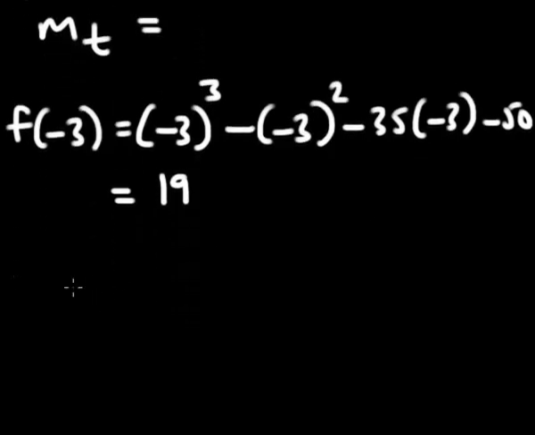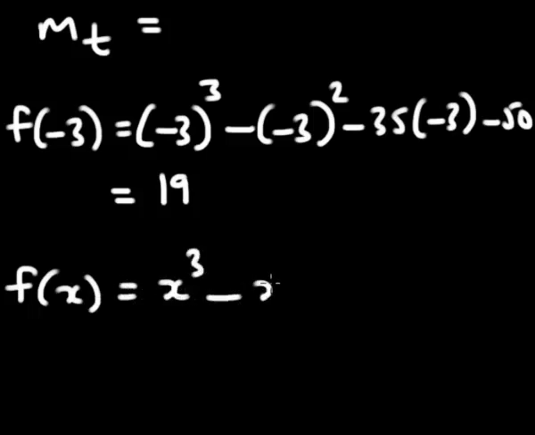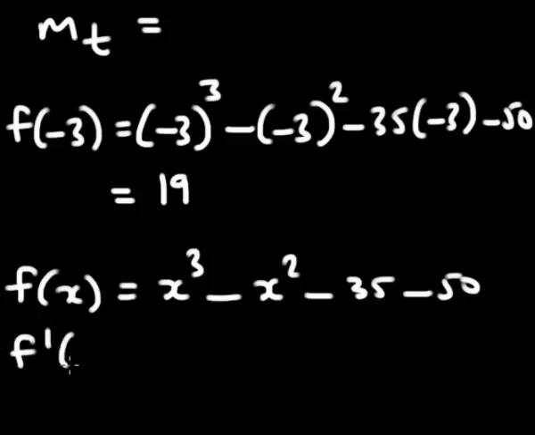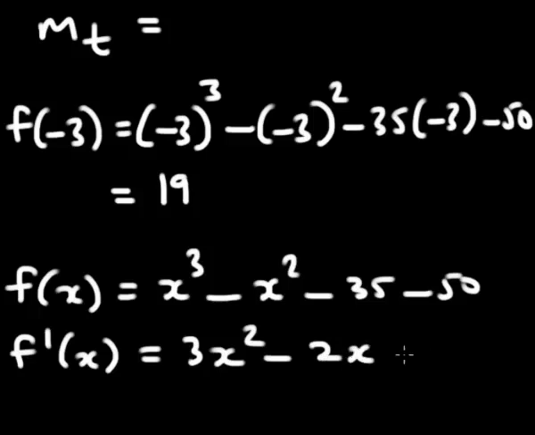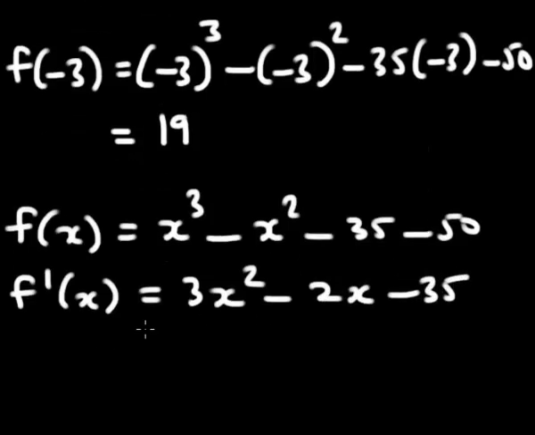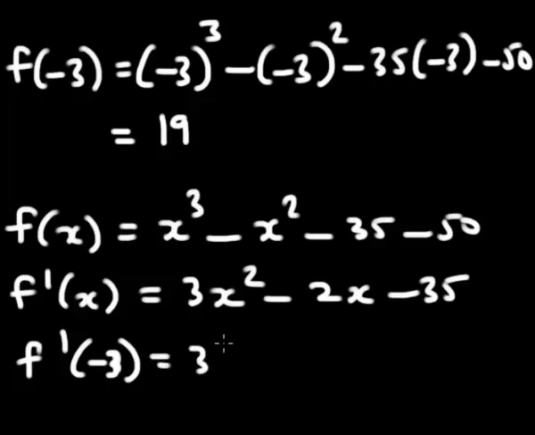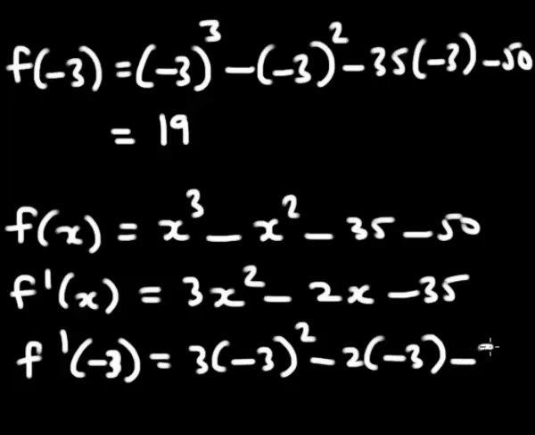The gradient: we're going to get the derivative of the cubic. The derivative is equal to 3x squared minus 2x minus 35. The derivative at -3 is 3 times -3 squared minus 2 times -3 minus 35.